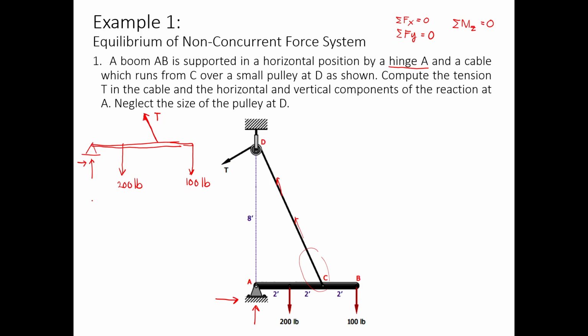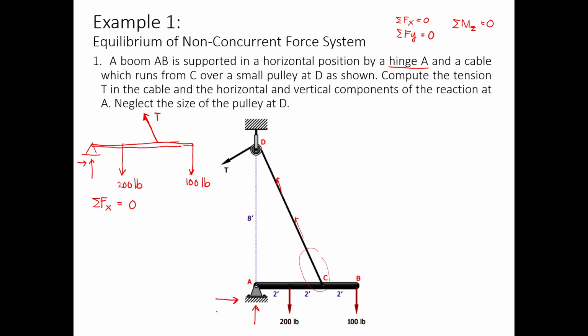Okay, so summation of forces vertical, we don't know yet. So let's try to figure out our equations first, starting off with summation of forces x equals 0. For summation of forces x equals 0, we're going to have two horizontal forces.